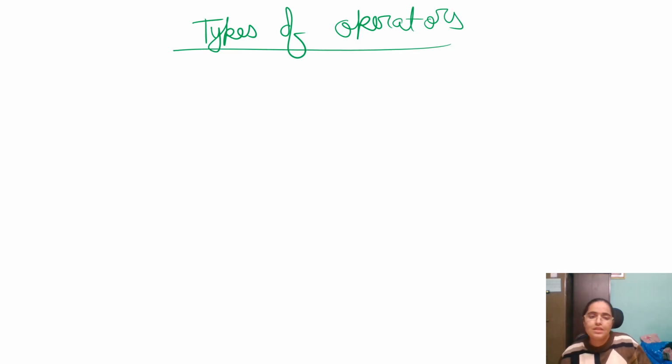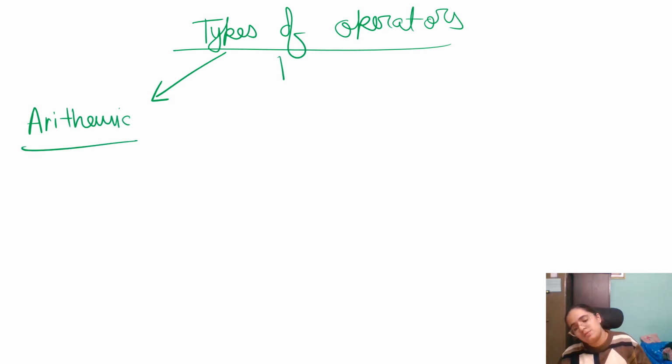Types of operators. So the basic type of operators is first our arithmetic operator. Next we have our relational operator.